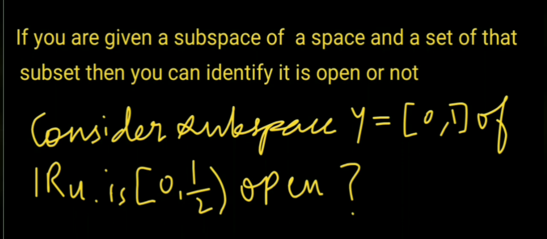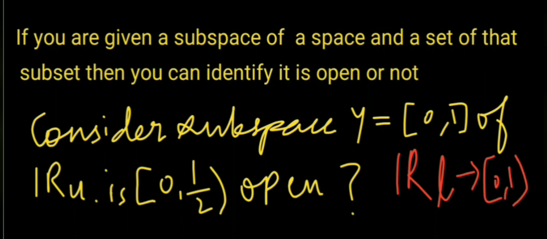Definitely the answer is no, because it is not open in R_U, but you can say that it is open in the lower limit topology R_L, as it contains members with the bracket [0, 1/2), which is closed-open.